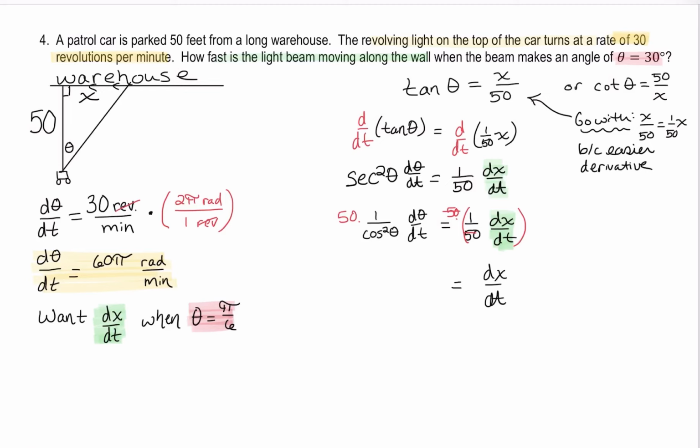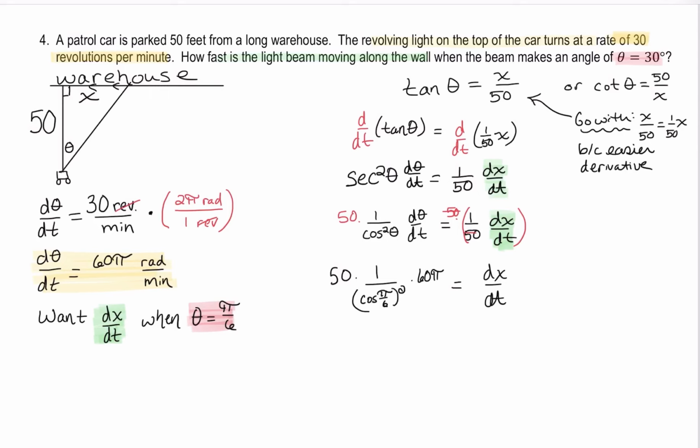So we're going to have our 50 times 1 over the cosine of pi over 6 quantity squared, and then our d theta dt, the one we had to convert into radian measure, and that was our, gosh, what was it? 60 pi. I'm losing it today. 60 pi.